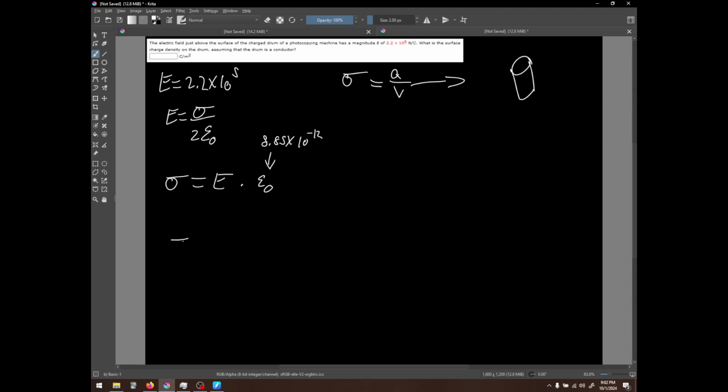Now I'm getting the surface charge equals 1.947 times 10 to the negative 6. See how that looks similar? I told you. I probably just used a very similar looking formula. 1.947 e to the negative 6. Okay, those two went great.